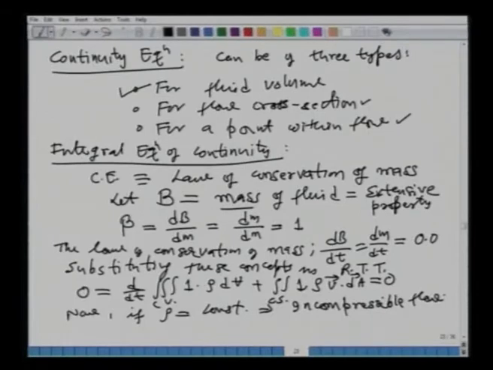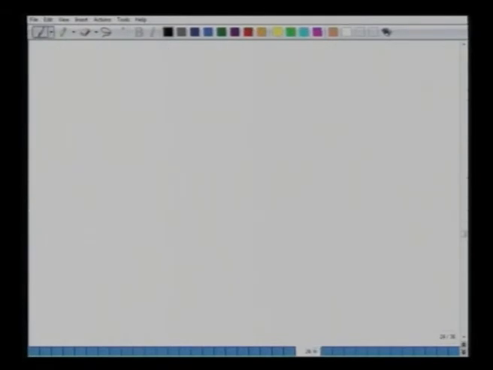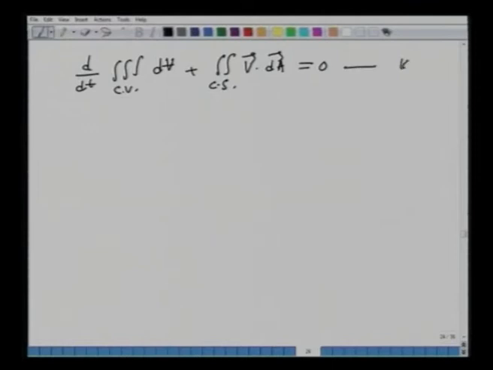Okay. So, what we have then is d over dt of the triple integral over the whole control volume, rho is gone, so you have dV, plus over the cross section or control surface, you have V dot dA is equal to 0. Okay. And I am going to number this equation as 10.